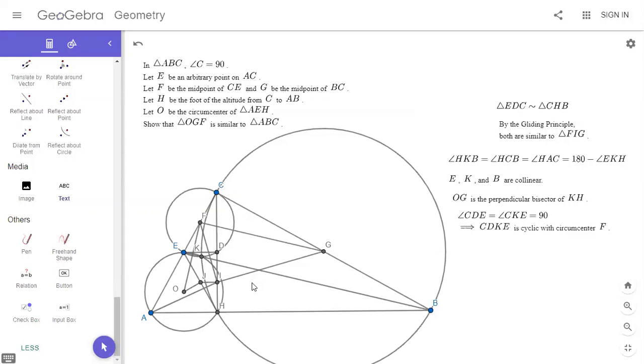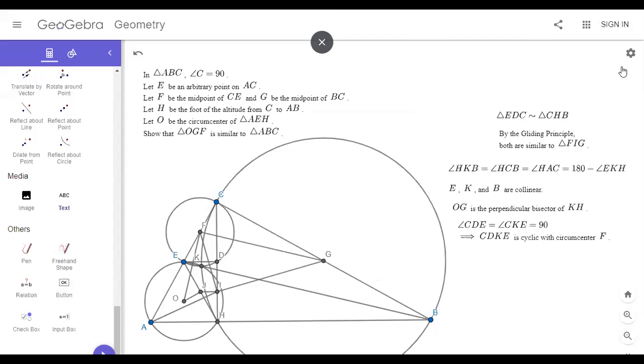All right. And so if that's true, let me go back to what Timo was saying. So Timo was saying, okay, yeah, FI is the perpendicular bisector of KD.